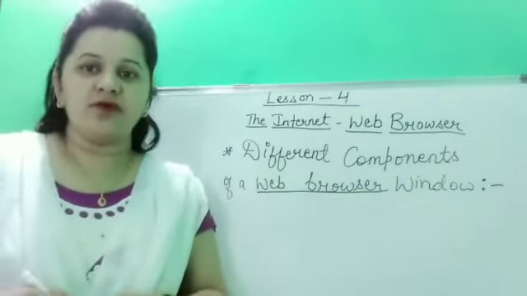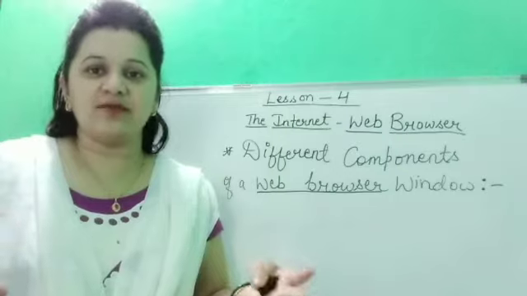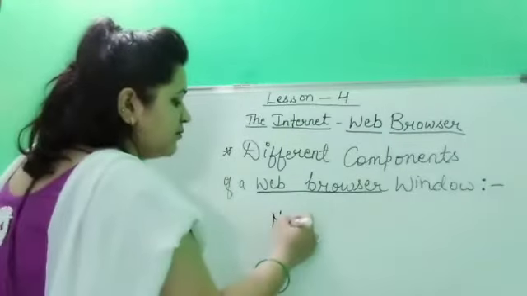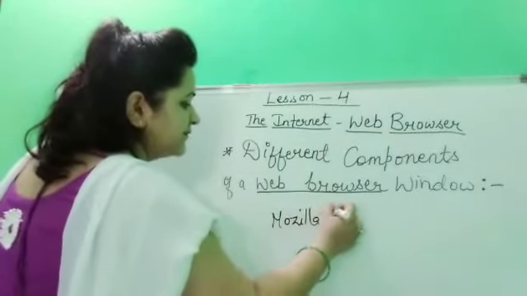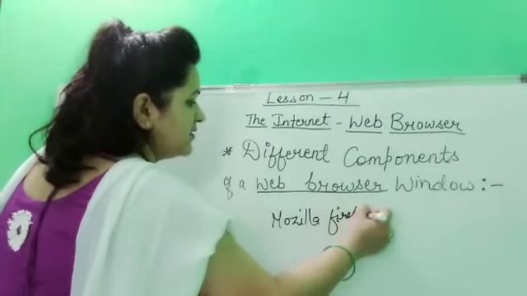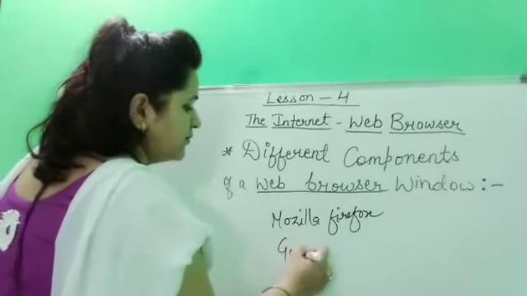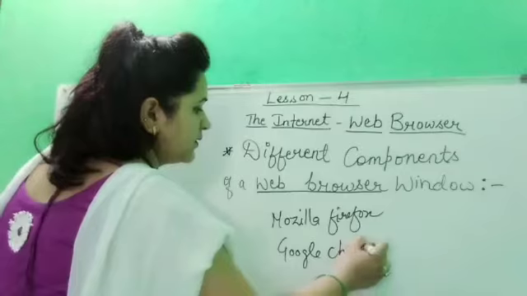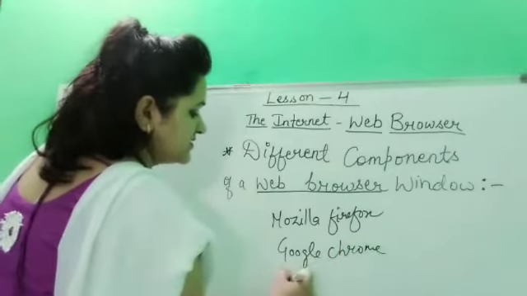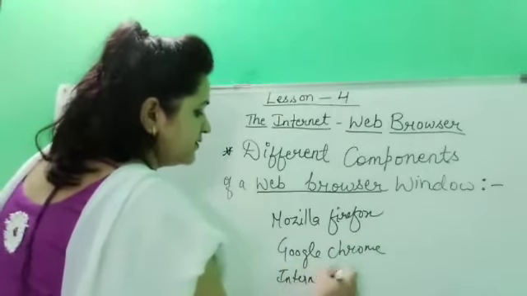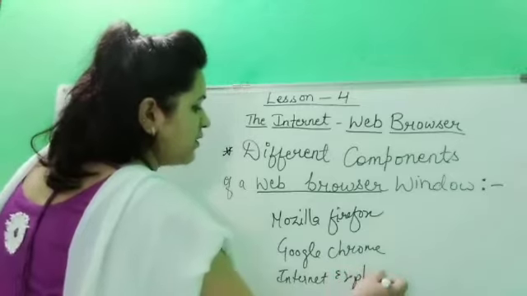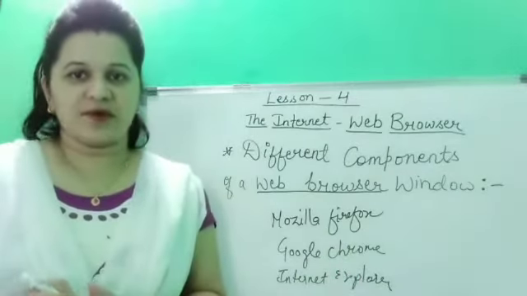But before this, let me tell you a few examples of web browsers, like Mozilla Firefox, Google Chrome, Internet Explorer. These are a few examples of a web browser, okay children.